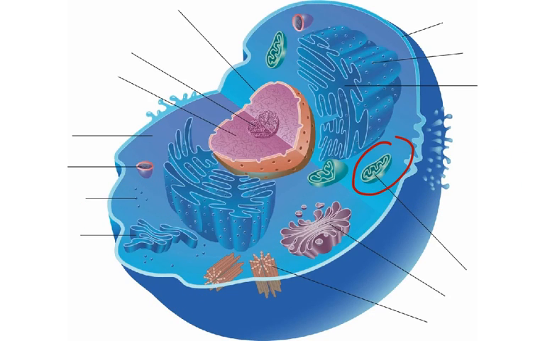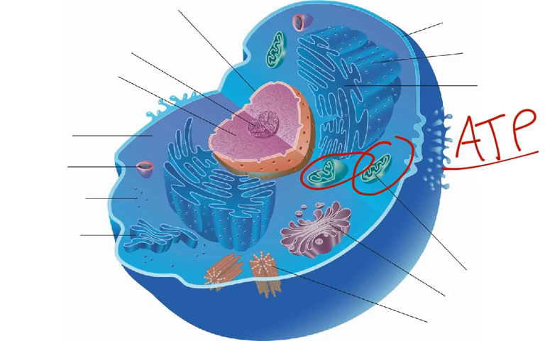Now, the next organelle we're going to look at is the mitochondria. What the mitochondria does is it's our energy source for our cell. It's our energy factory. It produces ATP. That's our main form of energy in our bodies.